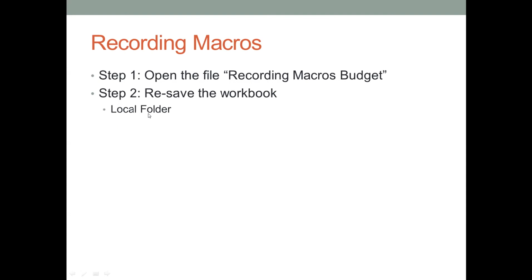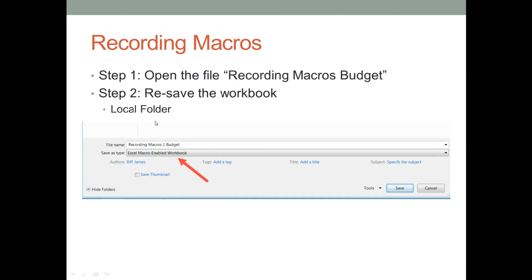So, if you have it maybe on your desktop or a folder on your desktop, and then here's that save as type Excel macro enabled workbook option that you have to choose. Now that we're going to be recording macros, we need to have the macro enabled. So before you click save, go to save as type, click this drop down option. This one will be your second option from the top. Go ahead and select that.